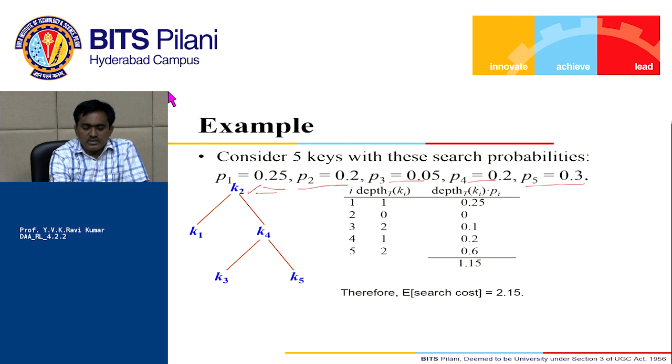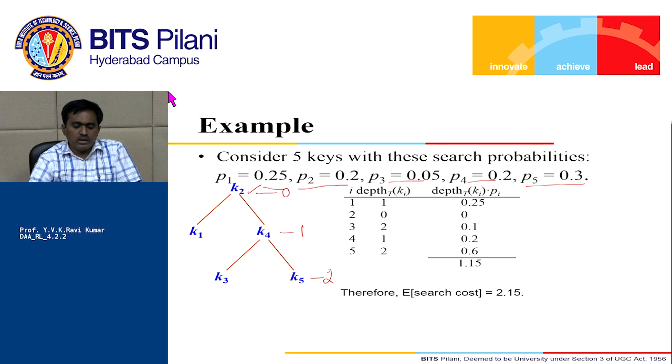Here K2 is at level 0, K1 and K4 are at level 1, K3 and K5 are at level 2. Now we know the i values, the depth of each and every key, and the corresponding probabilities given in the problem. So when i equal to 1, we take the corresponding probability. Similarly, when depth is 0, we take its probability, and when depth equals 2, its probability. Like this we have all the probabilities.